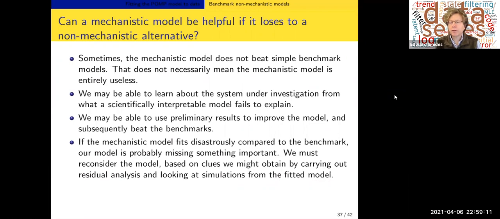Where it fails basically tells you what you didn't understand, and then you may be able to improve the model, subsequently beat the benchmarks. And even if you don't, you've learned something through the mechanistic modeling exercise. However, if your mechanistic model fits a whole lot worse than the benchmark, then you certainly need to rethink what you're doing. And so the benchmarks are an important sanity check.